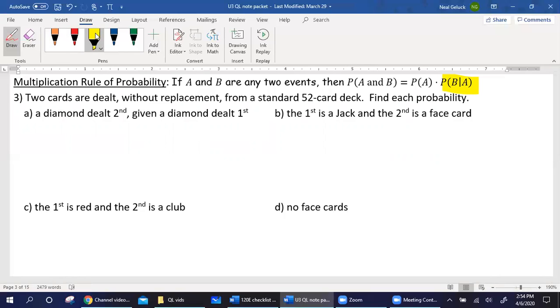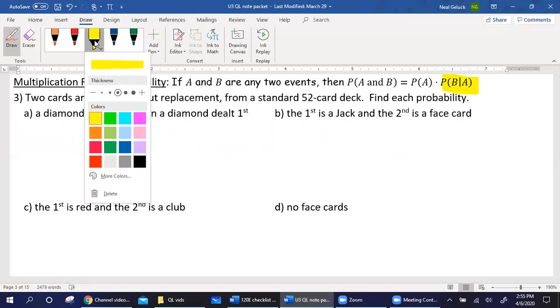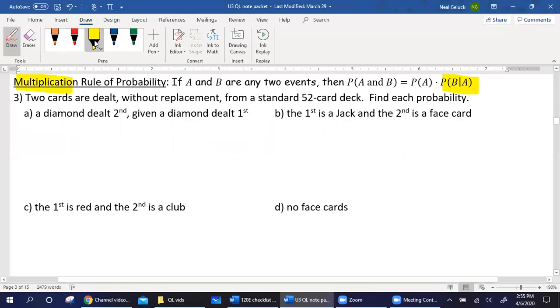But the key concept here is that if I'm talking about 2 events happening, I multiply their probabilities together. Now, that being said, the first problem here is not a multiplication one. This is not an and, this is another conditional. So a little more practice with the conditional.